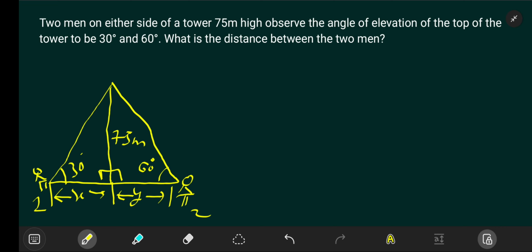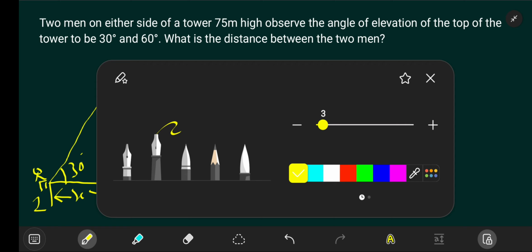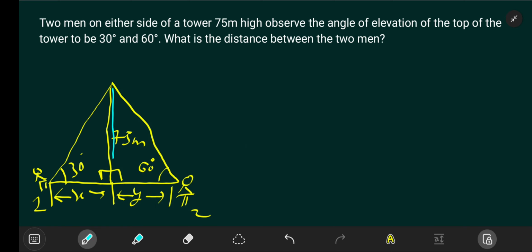Now, by seeing the given information, let me take this triangle. Theta 30 degrees is given, the height, that is the perpendicular side, 75 is given, and the base is asked.